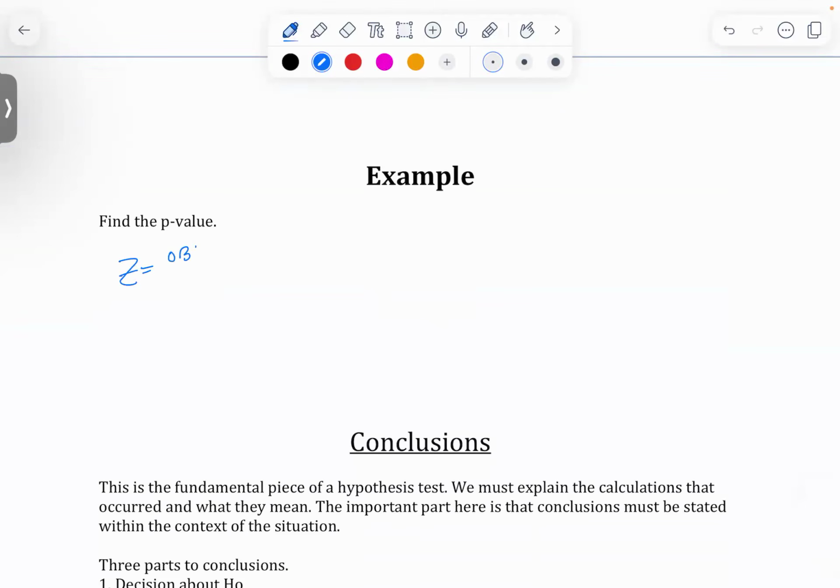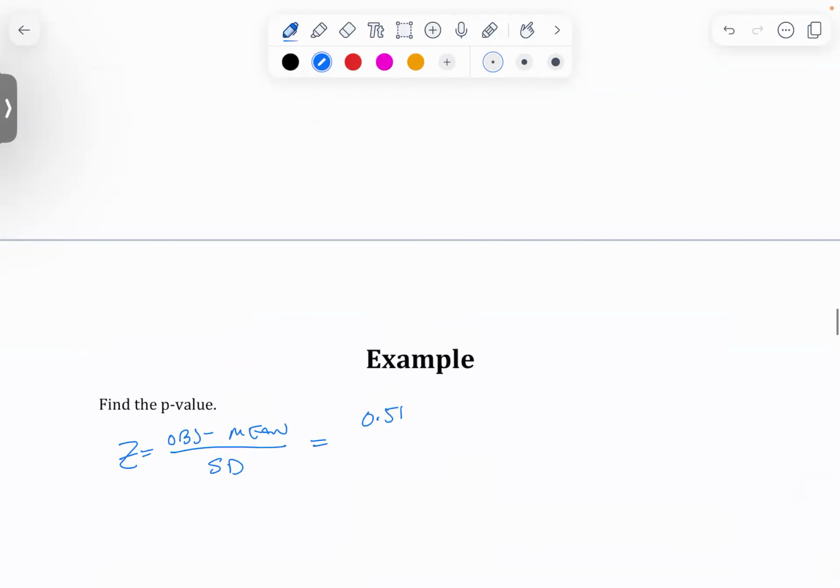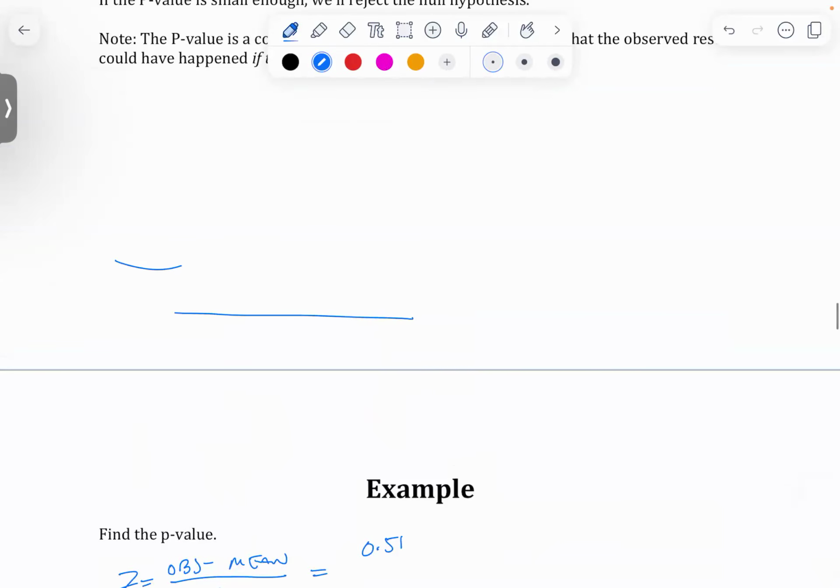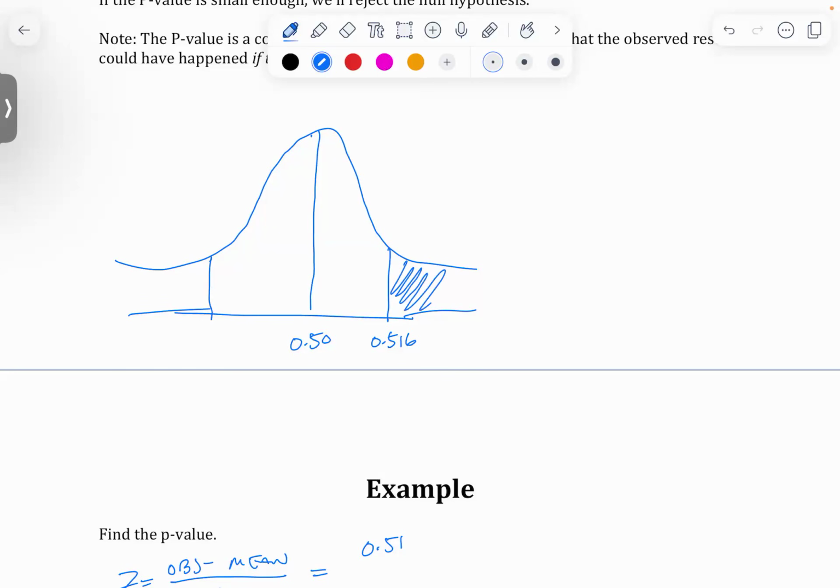Z equals the observation minus the mean divided by the standard deviation. Let's draw a picture while we're at it. The mean is our assumed value. Our observation, the observed proportion, is 51.6%.